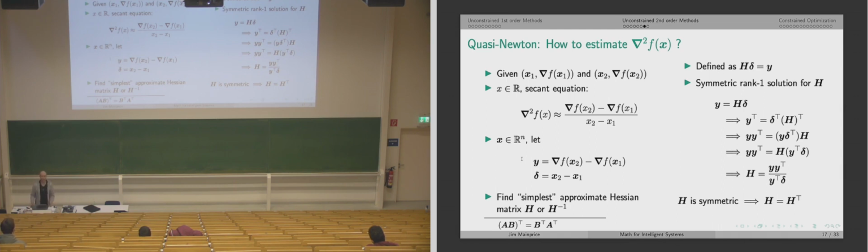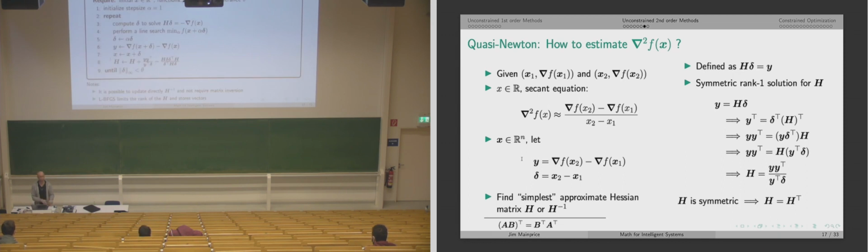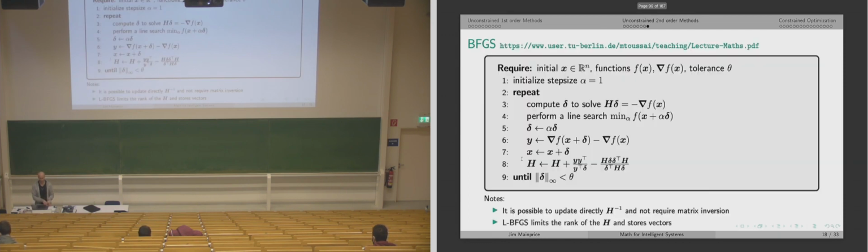That key idea that we can use differences in gradients to approximate the Hessian is the key idea of quasi-Newton methods. And this leads to the BFGS algorithm. And so now we have the same algorithm as the Newton algorithm, but instead of relying on the fact that we can compute the Hessian, which in large cases might be completely prohibitive, I mean, you've never heard of computing the Hessian on a full neural network.